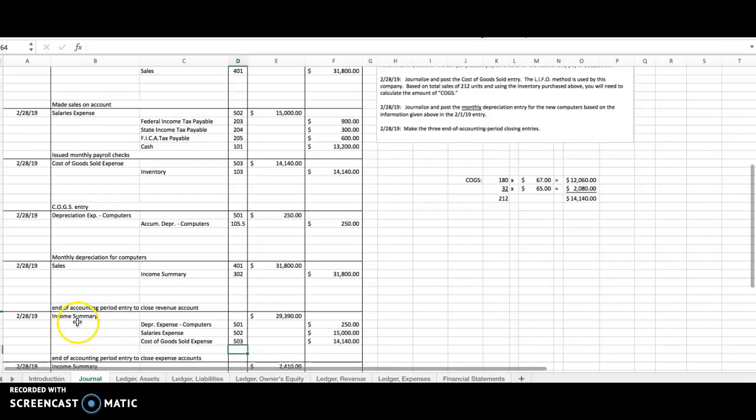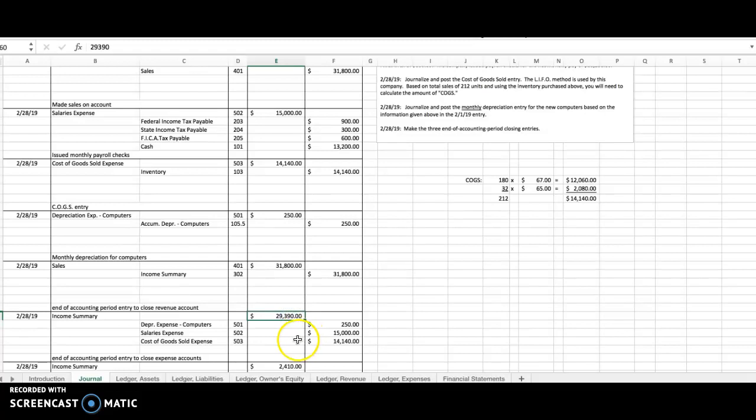Now, as you see, the debit part was to this new account, income summary, $29,390. I got that by adding those three credits because I know that every entry has to have a debit and a credit, at least one of each. And what's more important, the debits have to equal the credits. The credits add up to $29,390, so that's what I need in income summary.